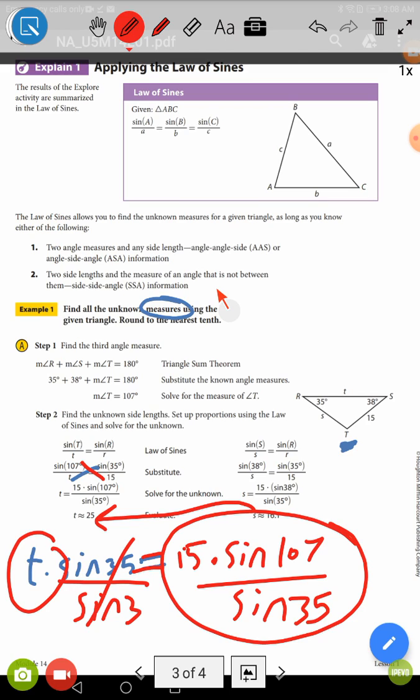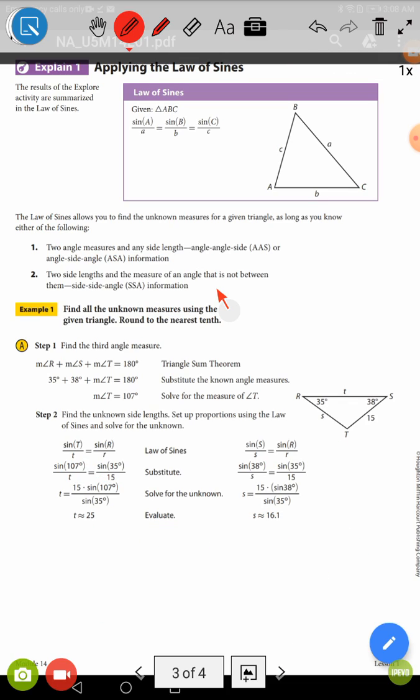With the same steps, you will find S. Sine 38 over S, which is unknown, equals sine R, which is given, over 15. Then cross. S multiplied by sine 35 equals 50 multiplied by sine 38.